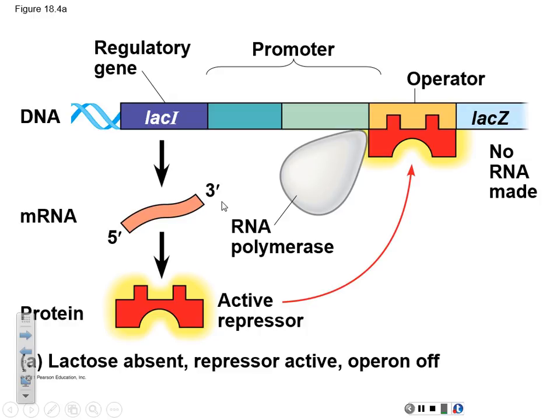The first protein is the protein product of the LAC-Z gene. Okay? I'll give you some shorthand here. Just got to give you a scorecard so you can keep track of the players. When I'm talking about a gene, I'll just say LAC-Z.